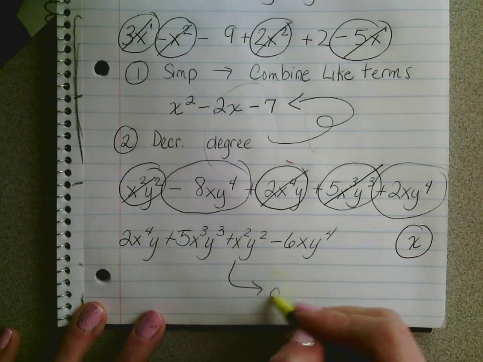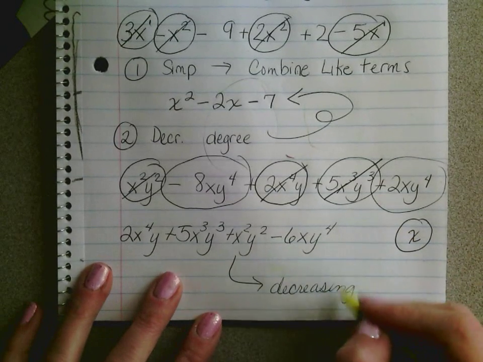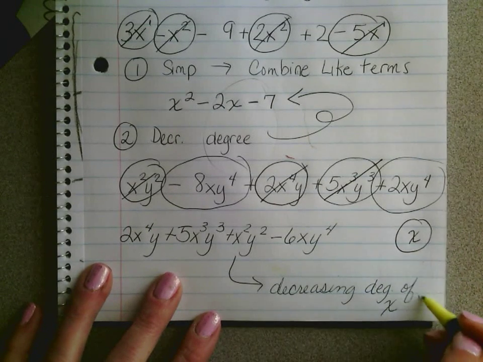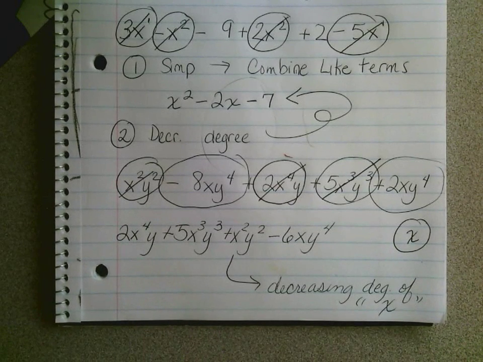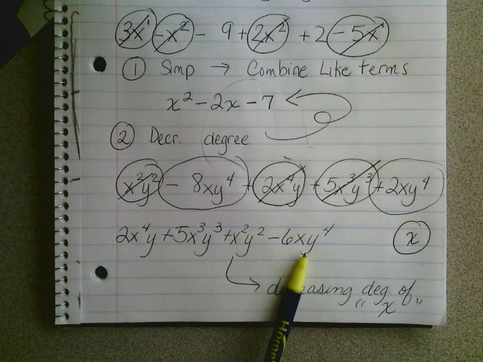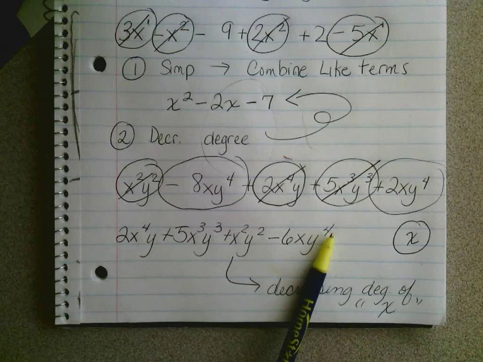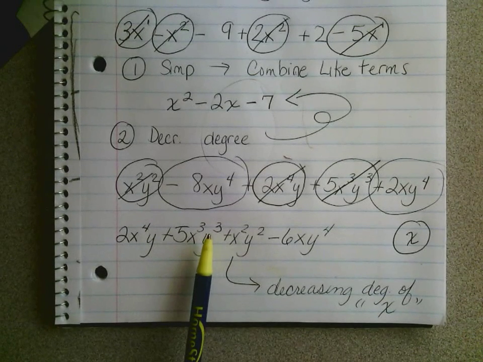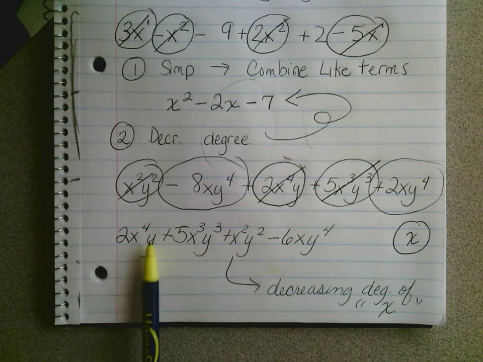This is now written in decreasing degree of x. If you were asked to write it in decreasing degree of y, it would start with -6 xy to the fourth, followed by +5 x cubed, y cubed, followed by x squared, y squared, and then 2x squared y.